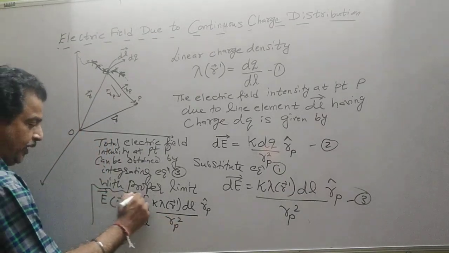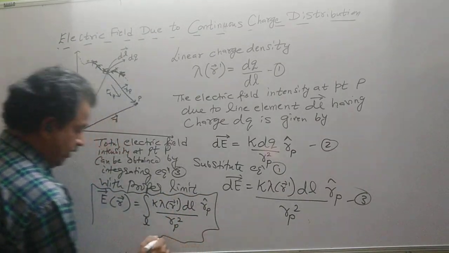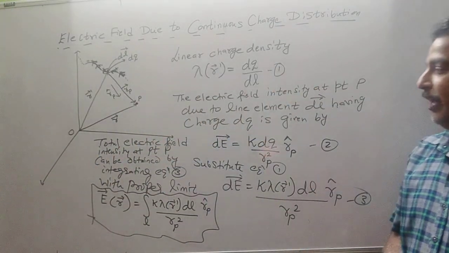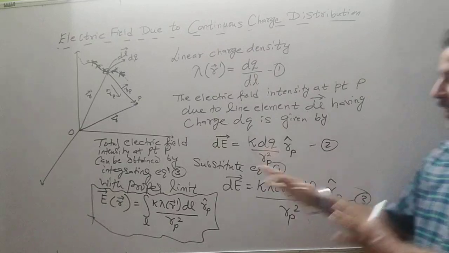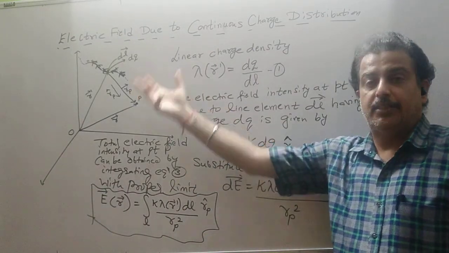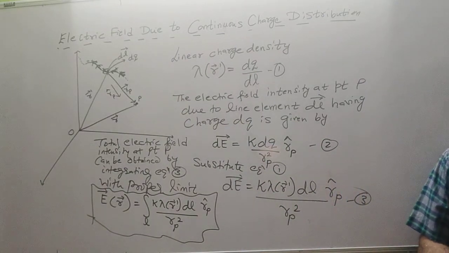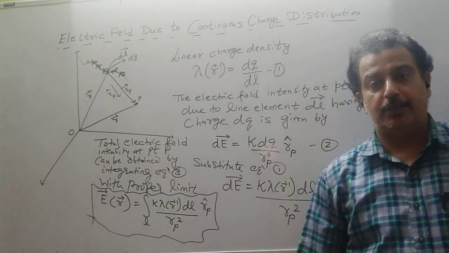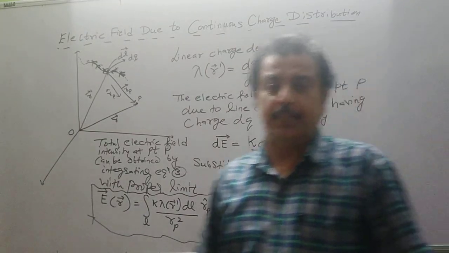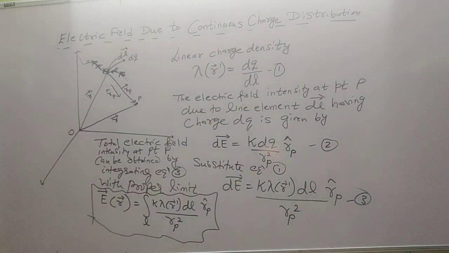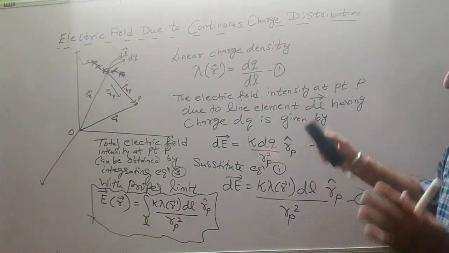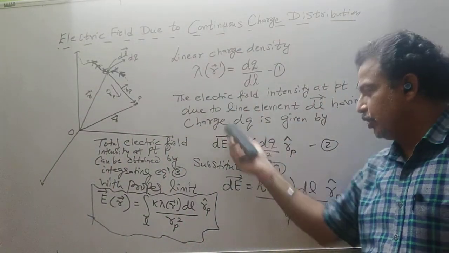If the limit is given, we can integrate this equation, and this is how we find out the electric field intensity at point P due to linear charge distribution. Similarly, if it is a surface charge distribution or a volume charge distribution, we keep on doing the same method, only the symbols will change.